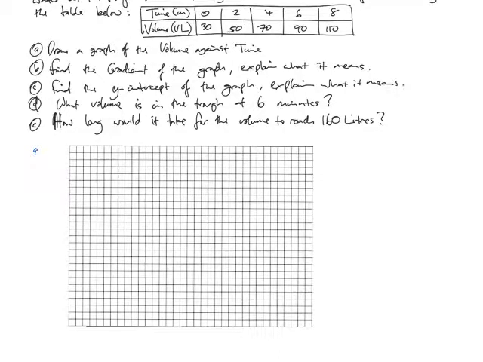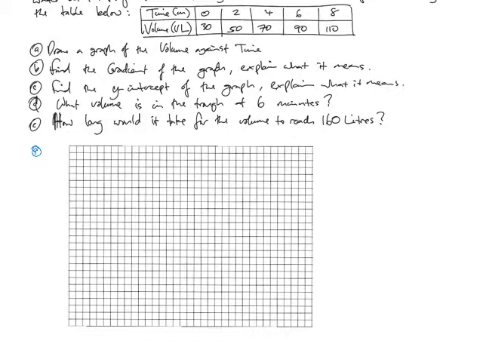you guys need to remember from previous years the difference between a dependent and independent variable, because you always put the independent variable, the one that you're changing on purpose, on the bottom, on the x-axis, and then the dependent variable, the variable that changes because you're changing the independent one, goes on the y-axis.